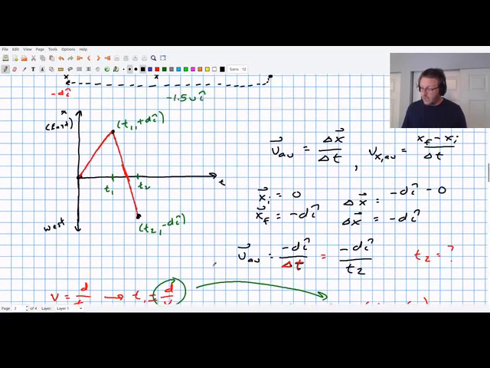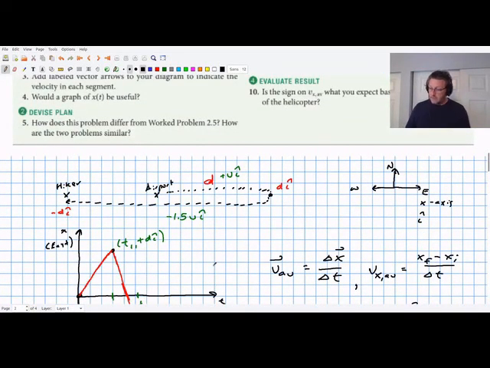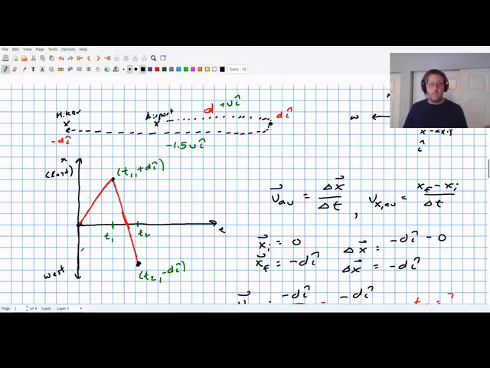Let me quickly go through what we did. We drew a drawing. We made an axis showing what our i hat and east and west mean and how they correspond to this drawing. We made a position versus time graph. In order to figure out where to start, we wrote down some equations about the vector average velocity and the x component of the average velocity, and said, okay, we must need to know, since really we know what the delta x is.